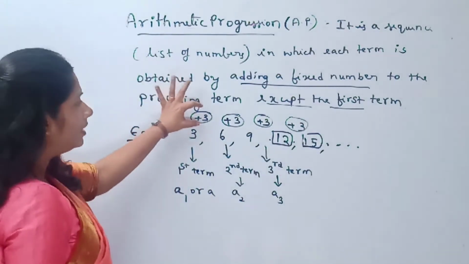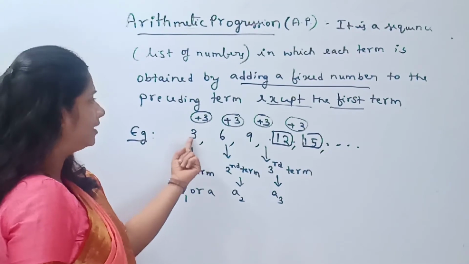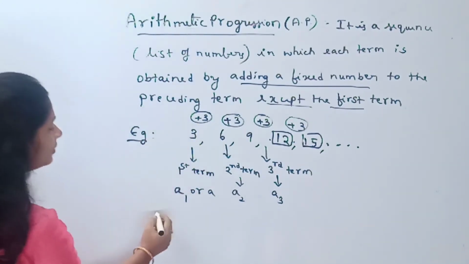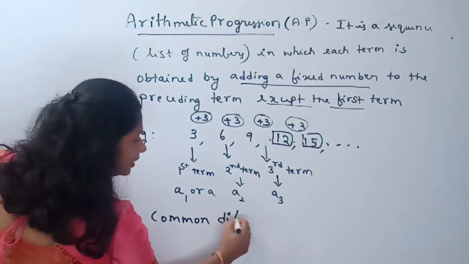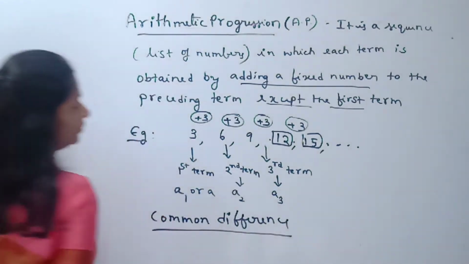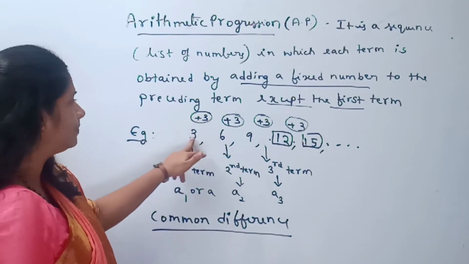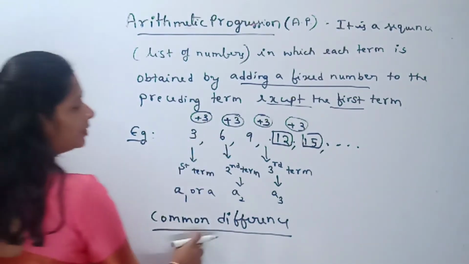Now the fixed number which we are adding to its preceding term to get the succeeding term is called the common difference.